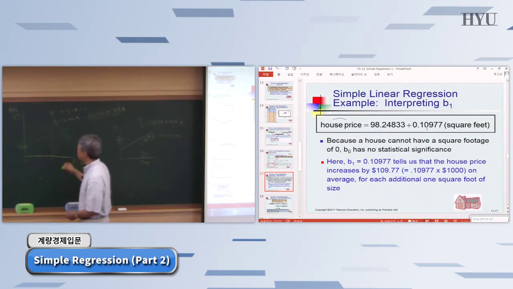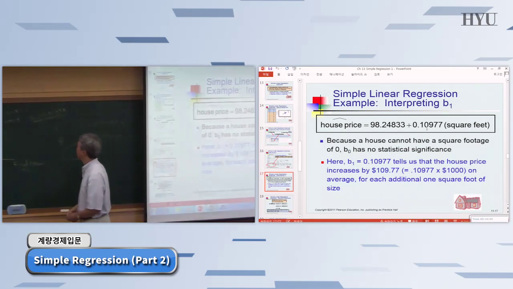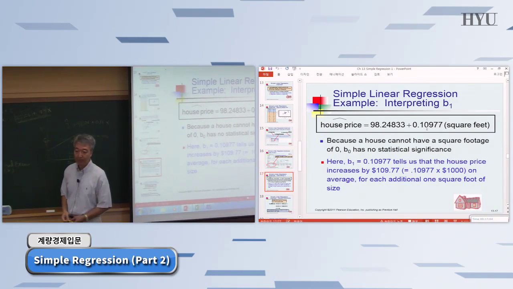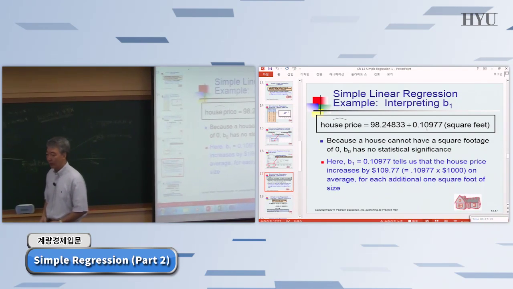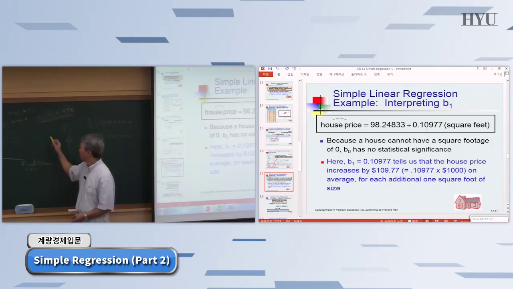Go back to this grade book example. We have this estimated equation. Can you interpret this value, 0.49? Remember, x was the final exam score, and y is the final average, and we got 0.49 for the slope estimate.